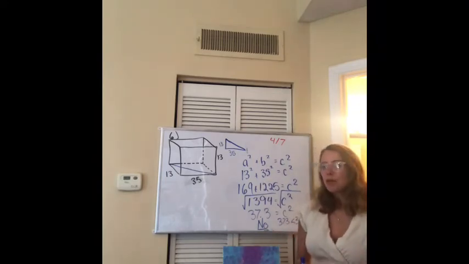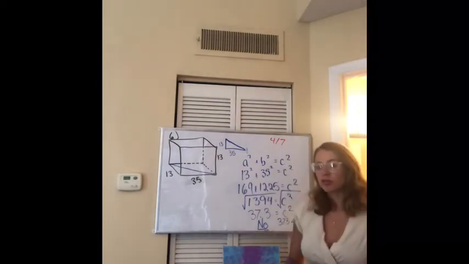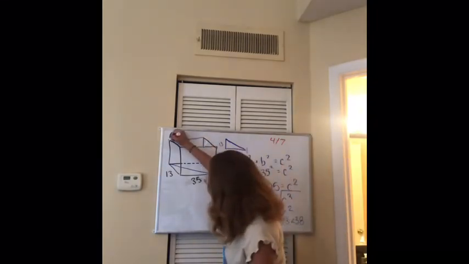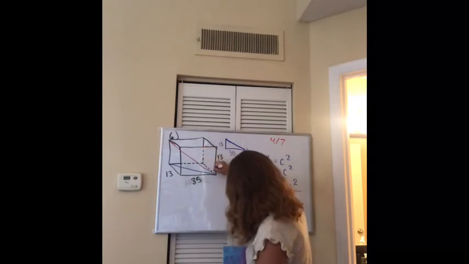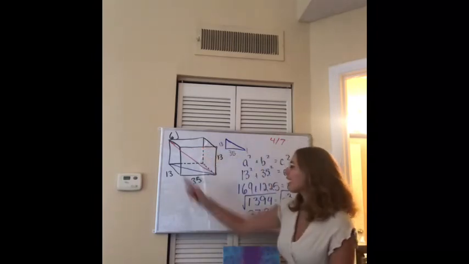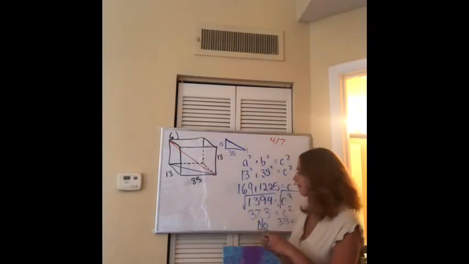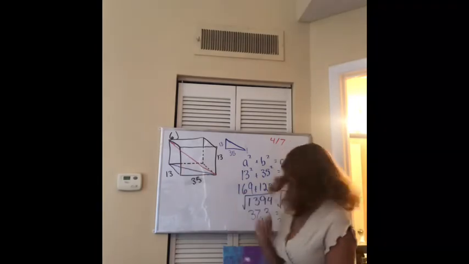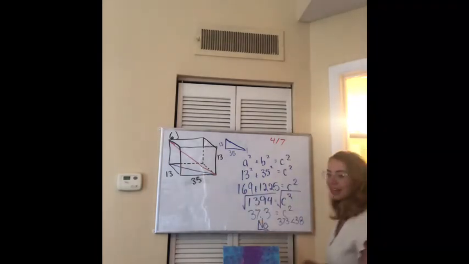But part B wants to know, will it fit diagonally across the whole box? If we were to start at the top corner and make our way to this bottom corner, I can already tell that's a longer line, so maybe it'll fit that way. Well, we know that this little section is the square root of 1,394.